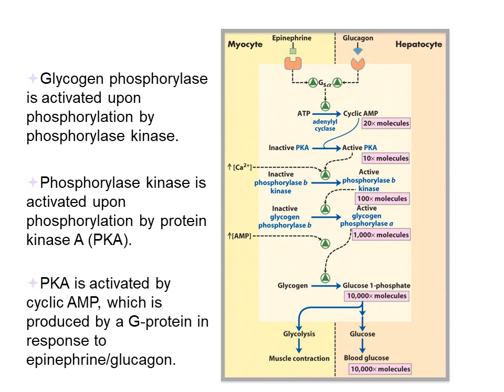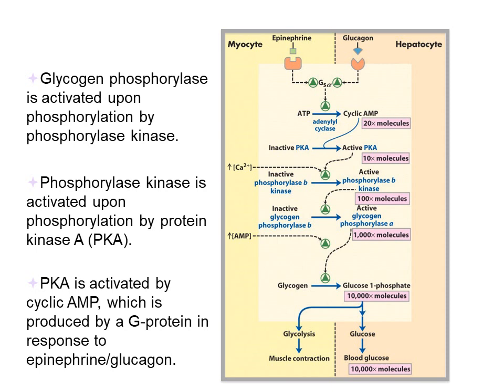If you look attentively at this picture, you can see there are two sections in this picture, this one and this one. Glucagon, which is the hepatocyte condition, and epinephrine, which is the myocyte condition. In the case of glucagon, glucose 1-phosphate is converted into glucose, and then the glucose is transferred to the blood.